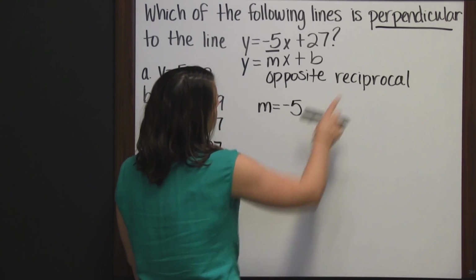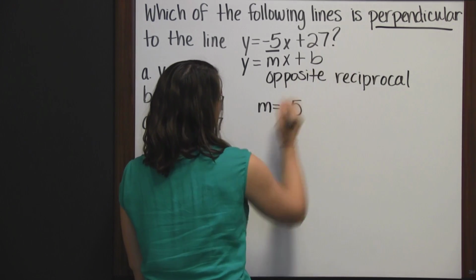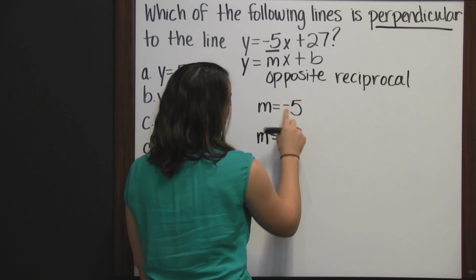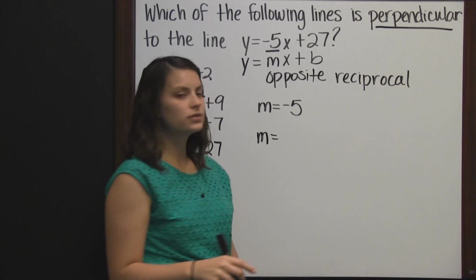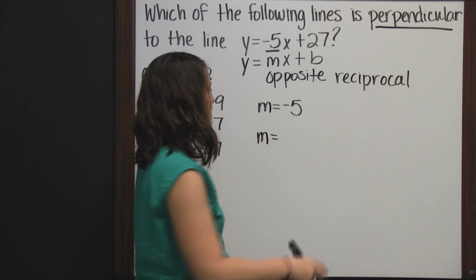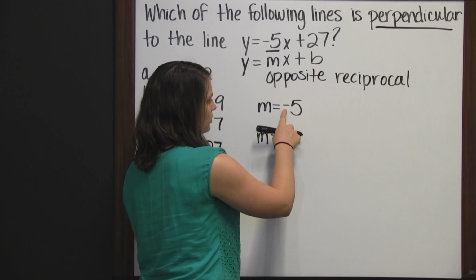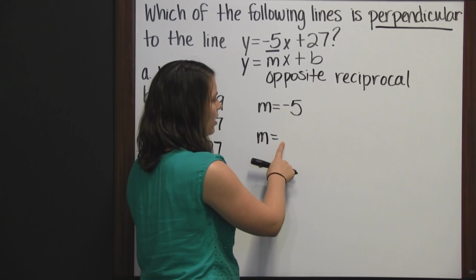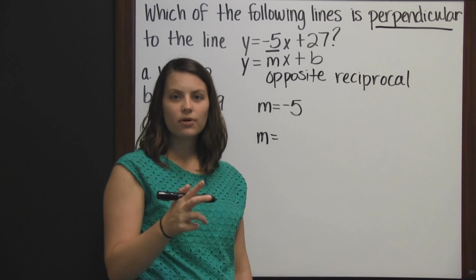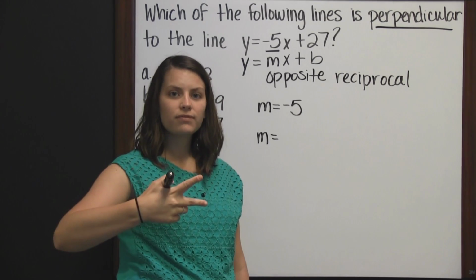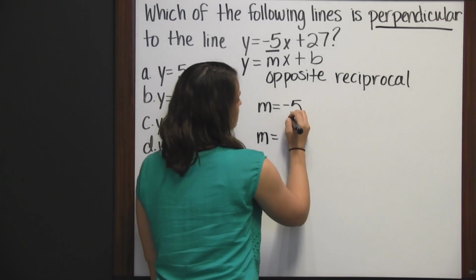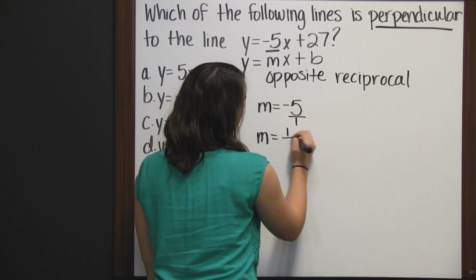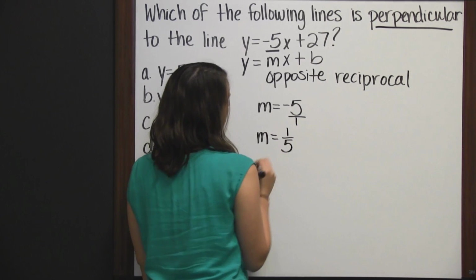The slope of a line that's perpendicular to this line would have an opposite reciprocal slope. Opposite meaning opposite sign. So instead of negative, the slope will be positive. And then reciprocal, meaning simply to flip the fraction. So this is 5/1. The reciprocal would be 1/5.